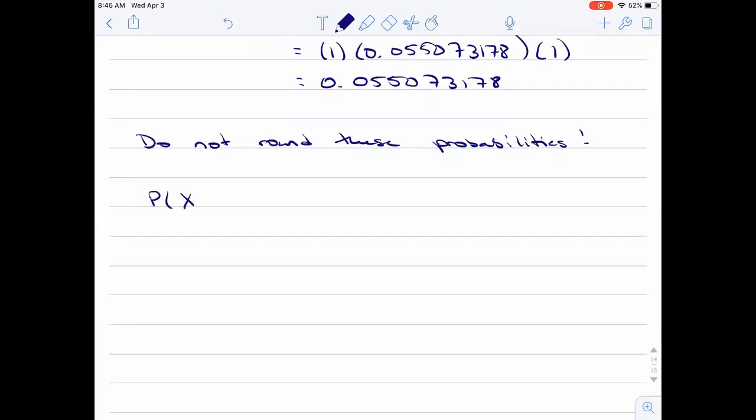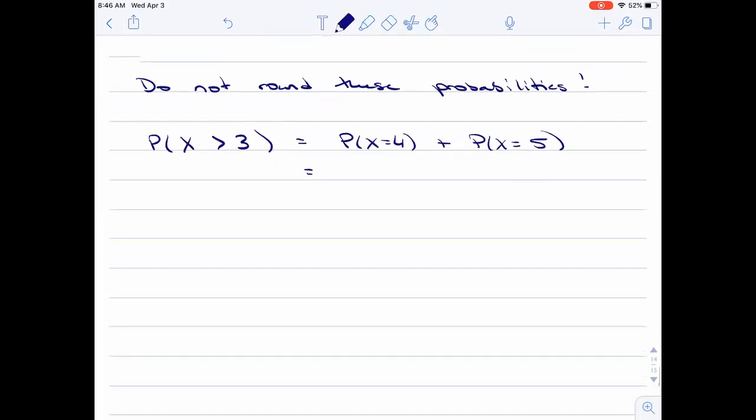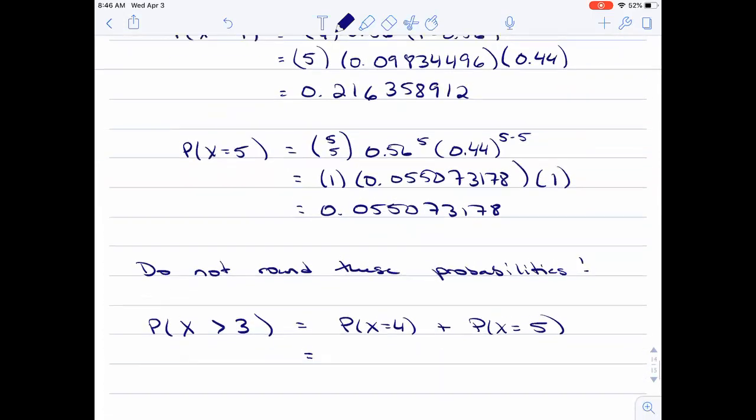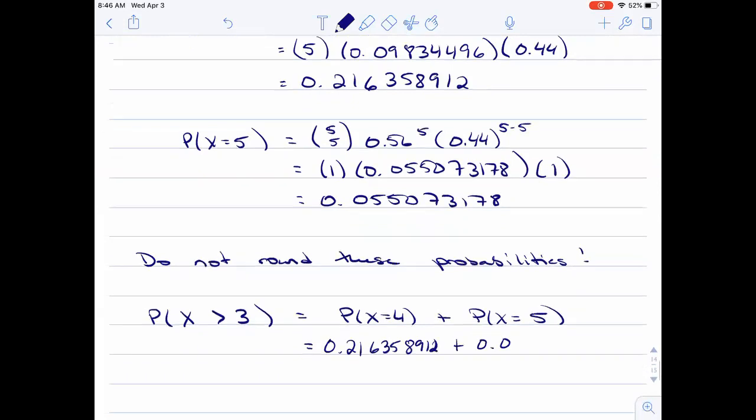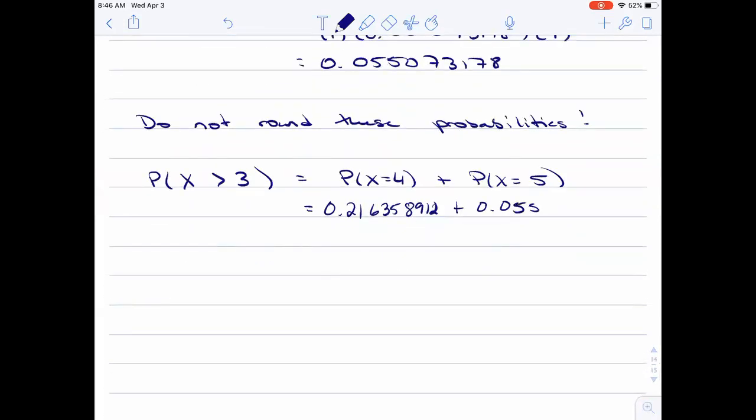But we're ready to calculate the probability that x is greater than 3, not equal to 3. It's the probability that x equals 4 plus the probability that x equals 5, which was 0.2163589112 plus 0.055073178.